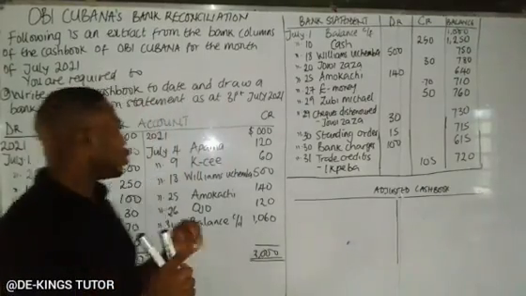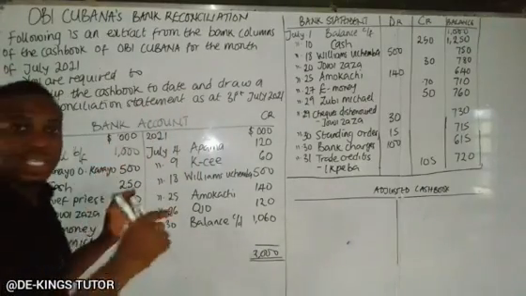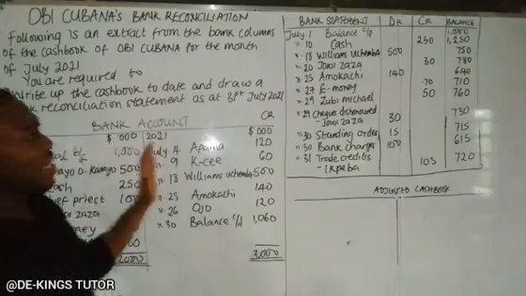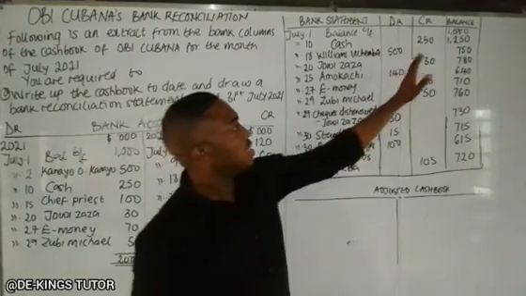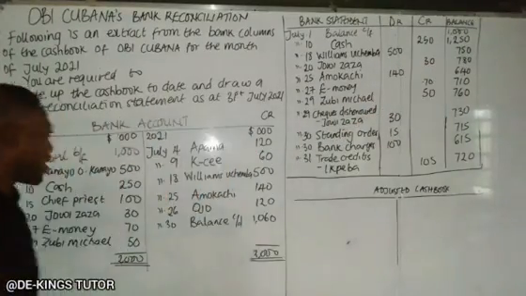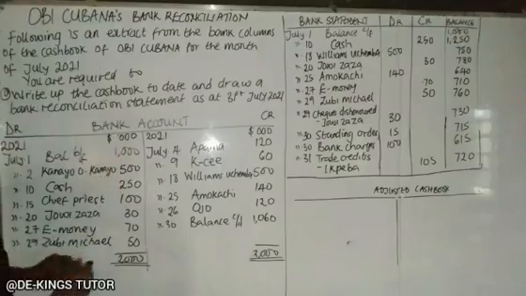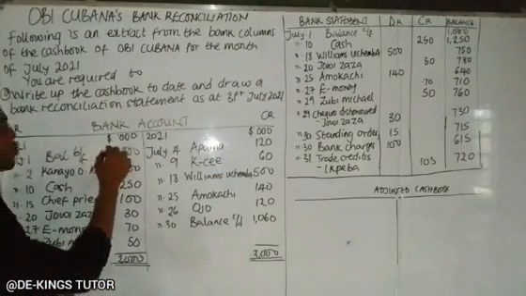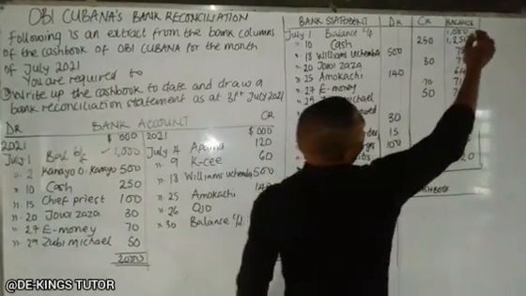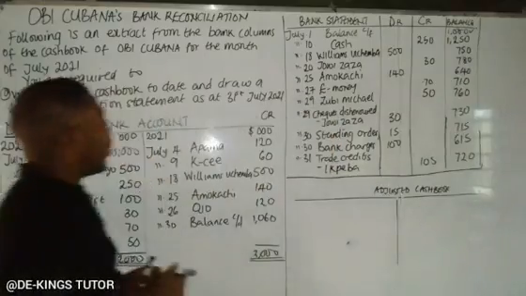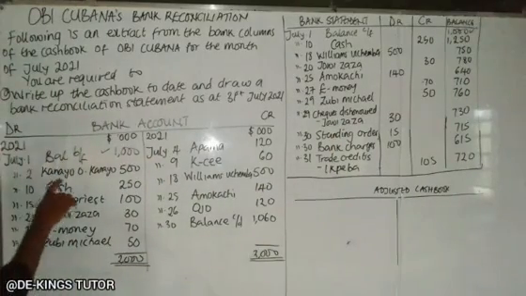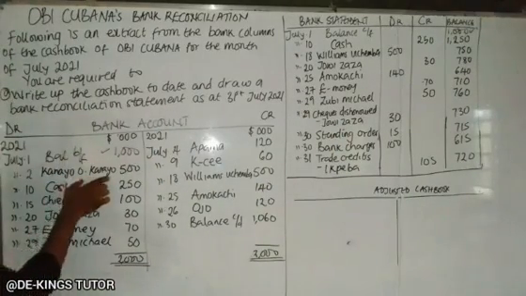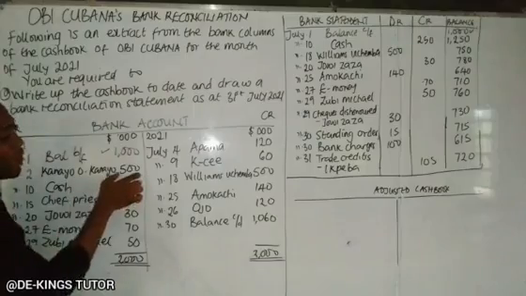The first thing we should do is to compare. I'm going to tick if there are items here that are also on the credit side. Now let's check. We have balance brought forward here, 1,000. It is what we started with, so the balance brought forward. And also we received money from Kanayo, 500.